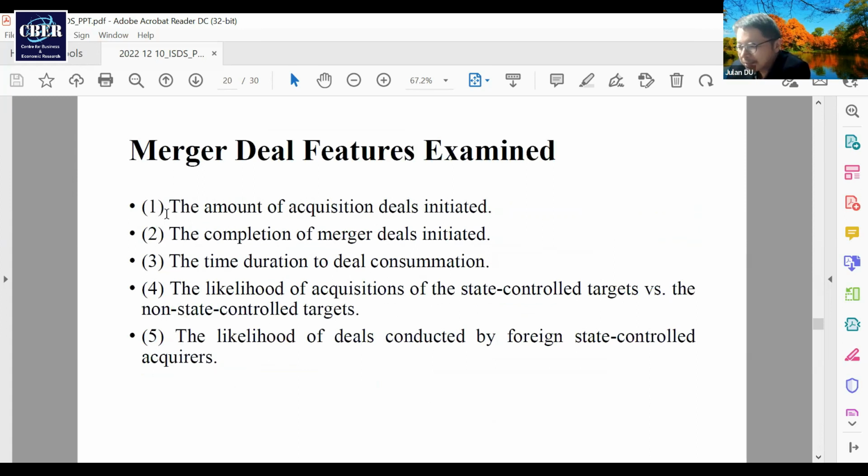Some of the deal features are quite commonly used, like the amount of acquisition deals initiated, deal value. Second, the completion of merger deals initiated. Third, the time duration to deal consummation. And fourth, the likelihood of acquisition of state-controlled targets versus non-state controlled targets.